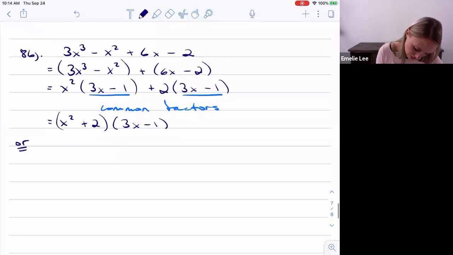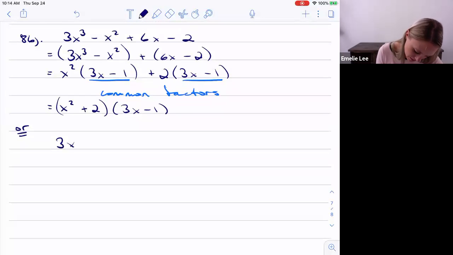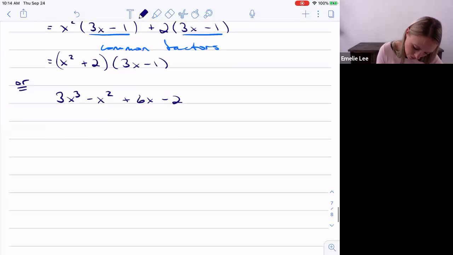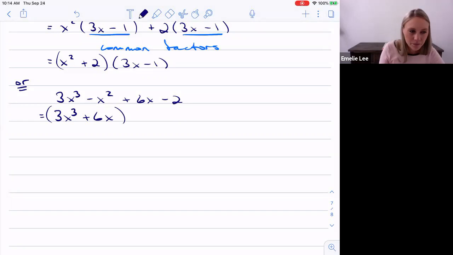If we have 3x to the 3 minus x squared plus 6x minus 2, I can rewrite it as 3x to the 3 plus 6x, rearranging that way. Now I've got minus x squared minus 2.